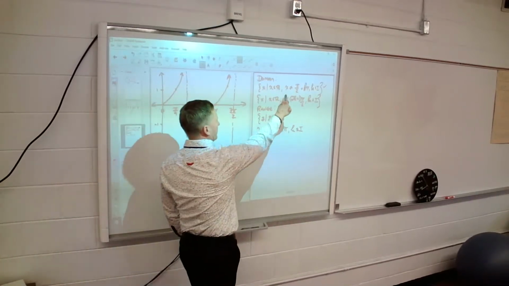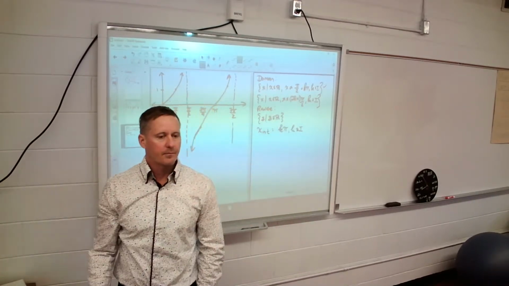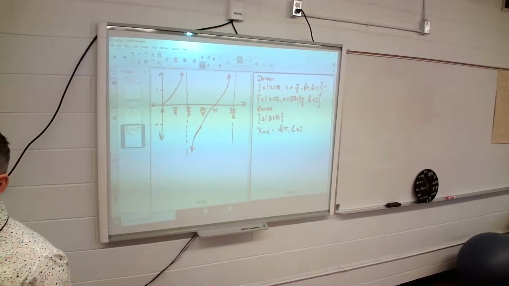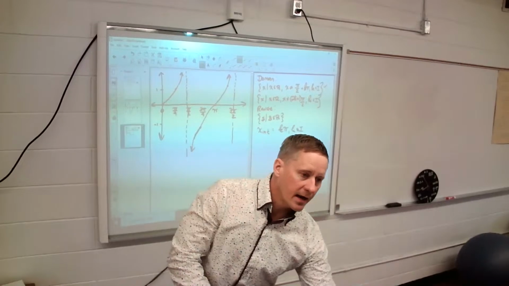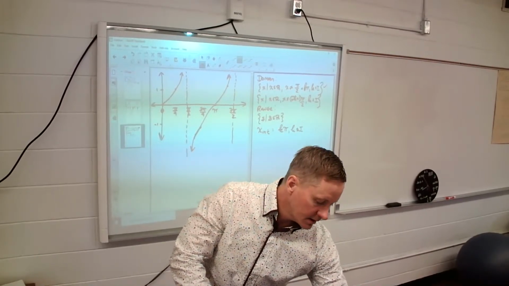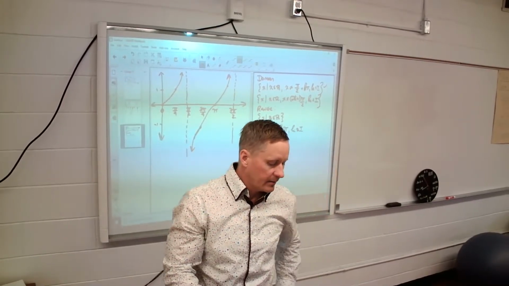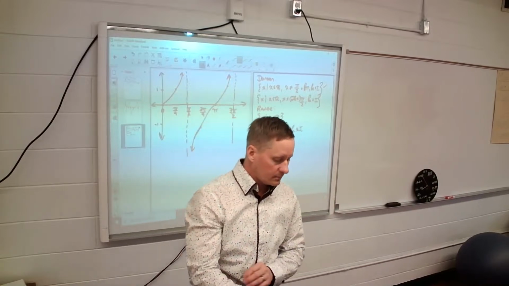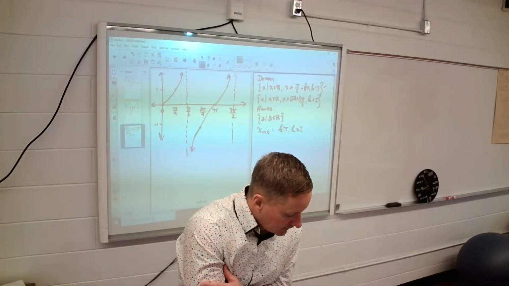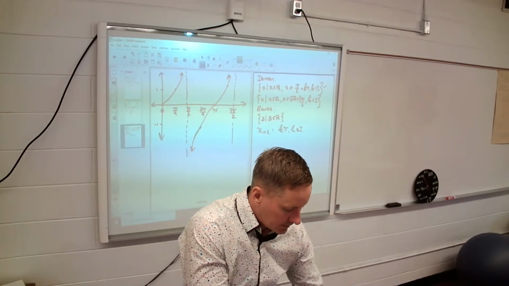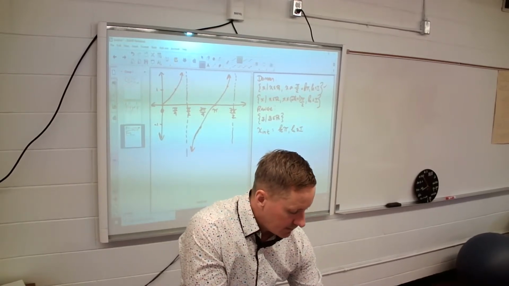Our domain has breaks in it where part of the graph can't equal. Okay. And our range for this one is not -1 to 1 like sine or cos. It is an element of all reals. Okay. That covers example 1.